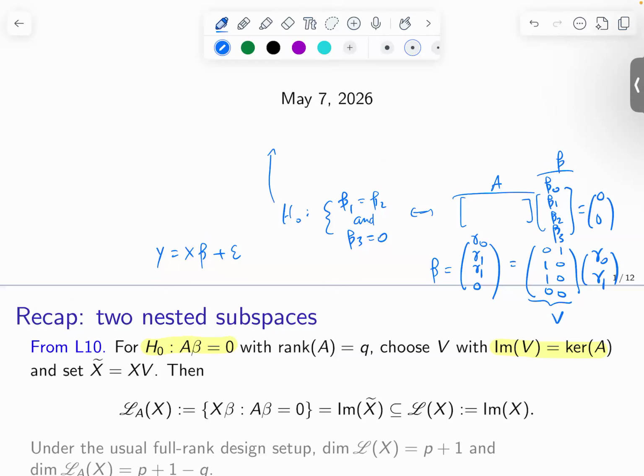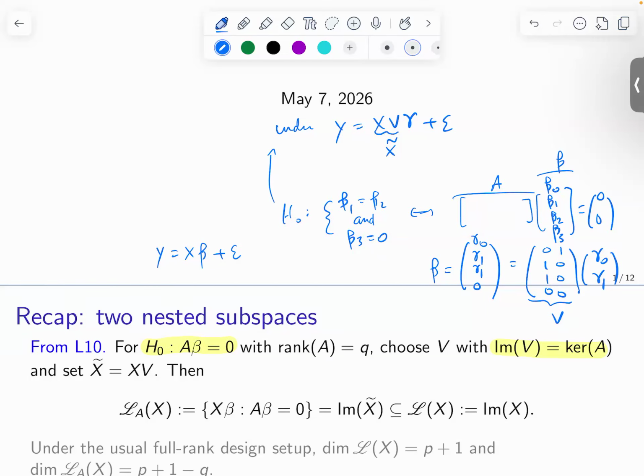So what we can do is, under the null, I'm going to enforce these set of conditions. So I get something like this, and now I have a new regression model. Once I plug in beta, gamma is free to vary. So you can think of the null as just being this new regression model.